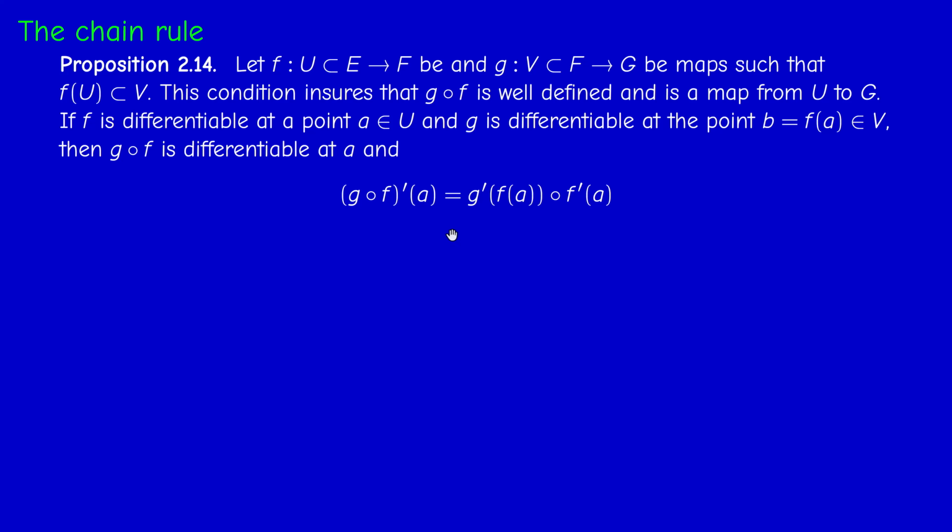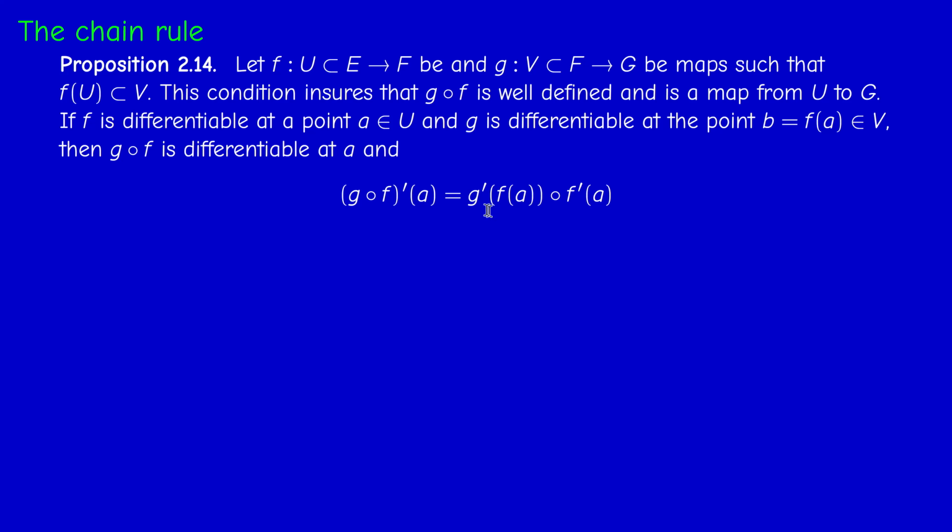Okay, so if you want to get a vector in G, you have to evaluate this at h, and then you'll get g prime of f of a evaluated at f prime of a evaluated at h. This is the difference from the real case that you know.